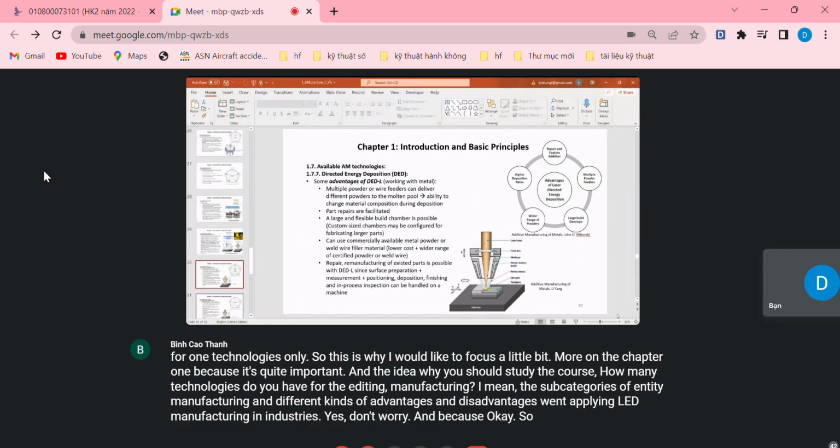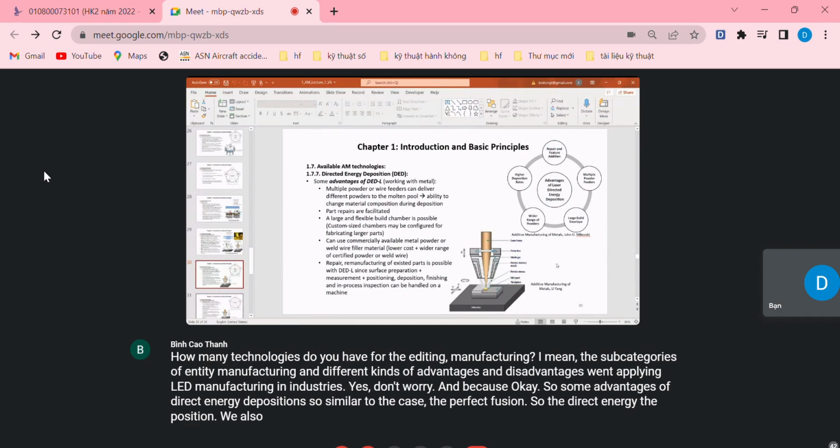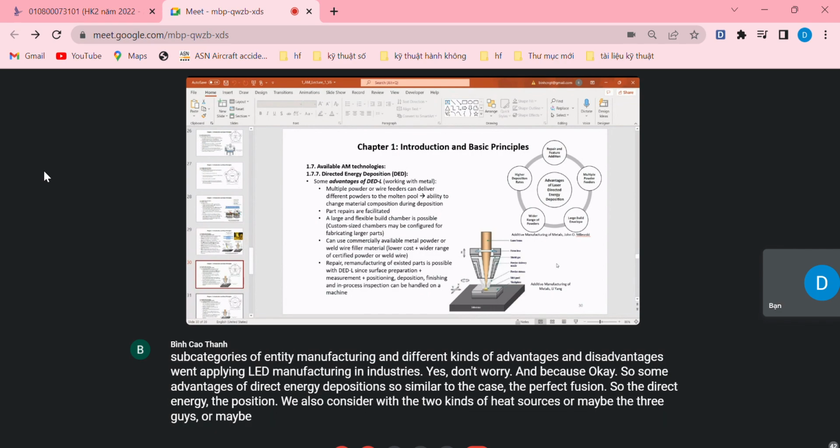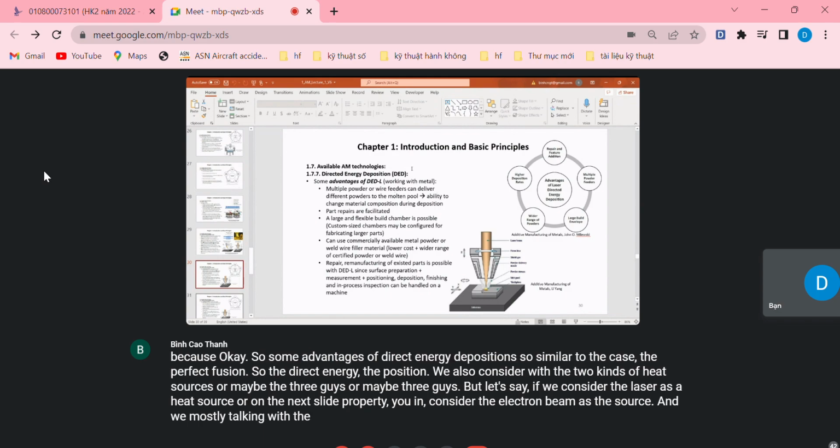So, some advantages of direct energy deposition. Similar to the case of particle fusion, with direct energy deposition we also consider two or maybe three kinds of heat sources. Let's say we consider the laser as a heat source, and on the next slide probably the electron beam, and we are mostly talking about metals here.